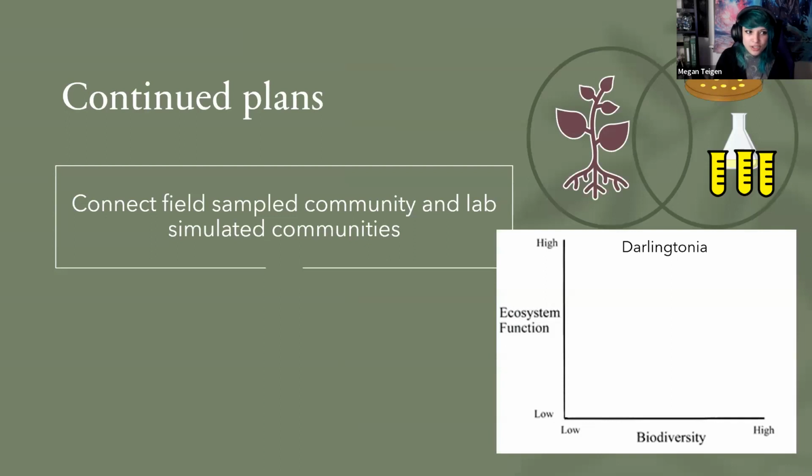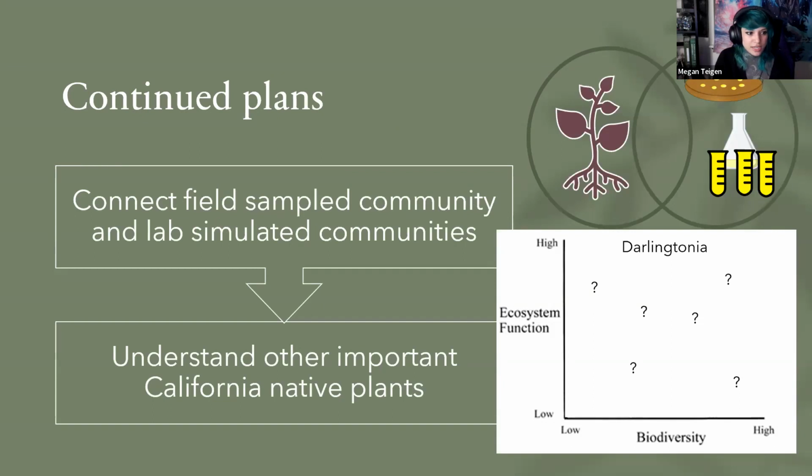I'm hoping that this project can help us map the biodiversity ecosystem function graph in Darlingtonia so that we can better understand this fascinating plant and how it survives. And then on a broader scale, I hope that what I find here will allow us to explore and understand microbial diversity in other important California native plants as well.